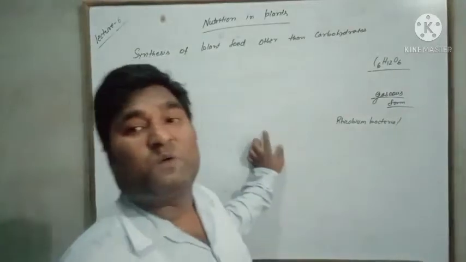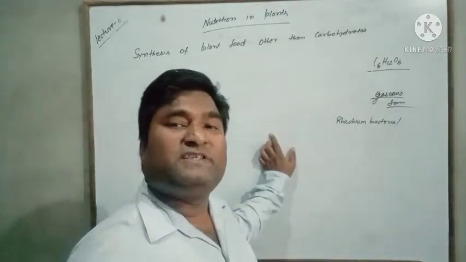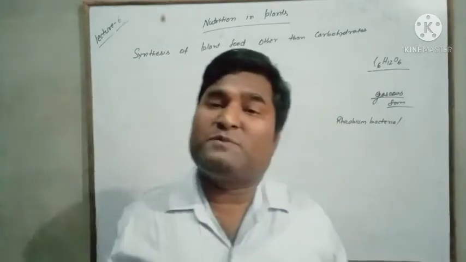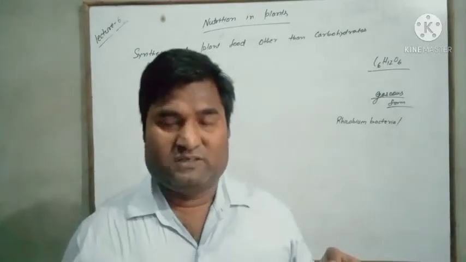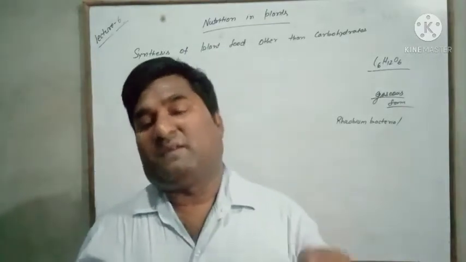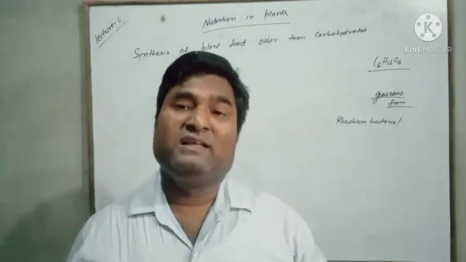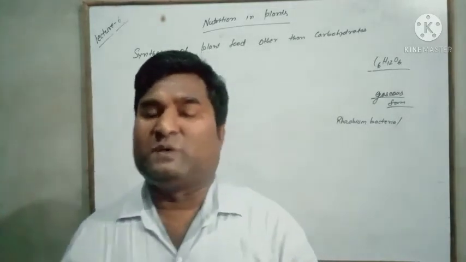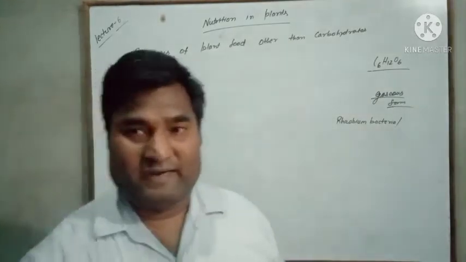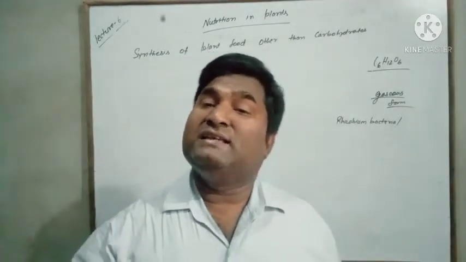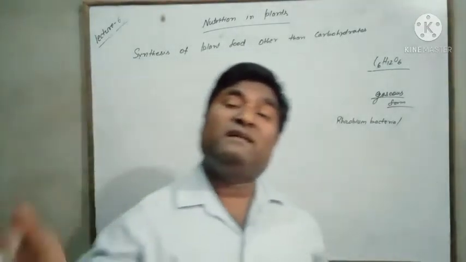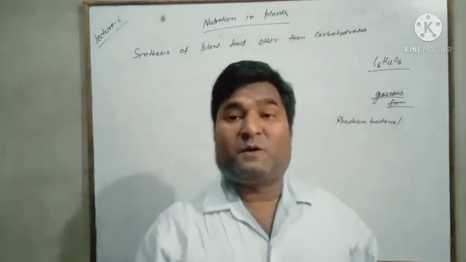These are microorganisms present in the soil, and they have the capacity to absorb atmospheric nitrogen and convert it into some other form. This other form of nitrogen is released by the bacteria into the soil and is absorbed by the plant. Like this, plants get their nitrogen.